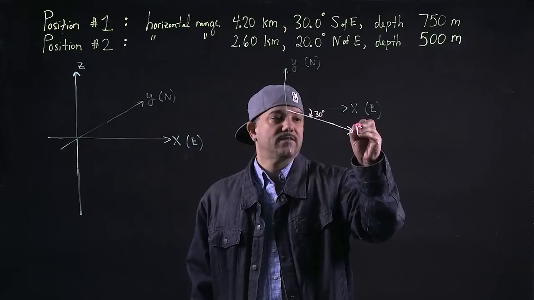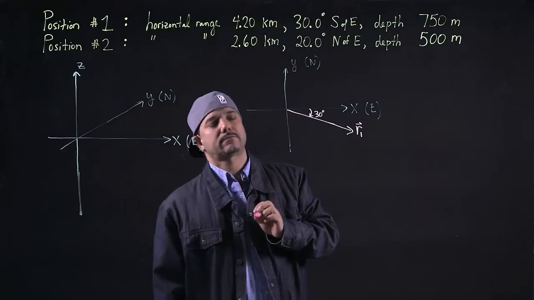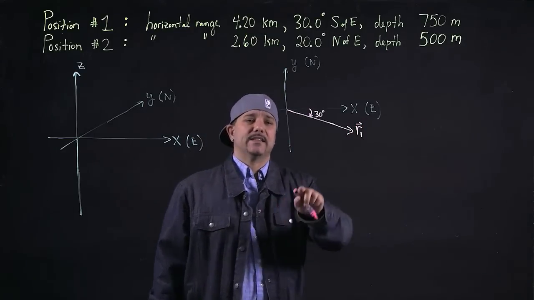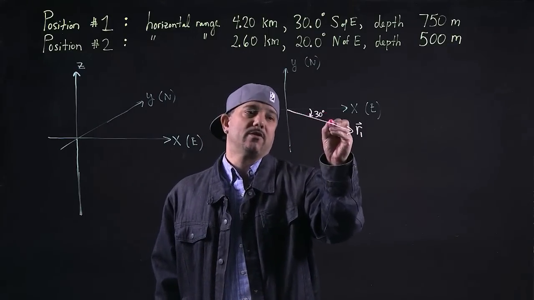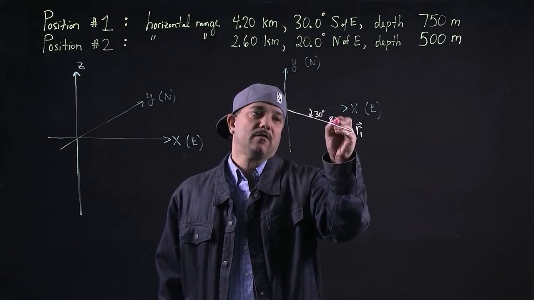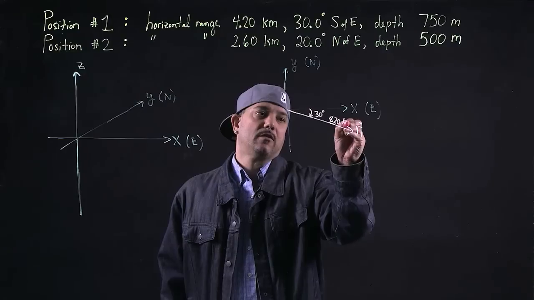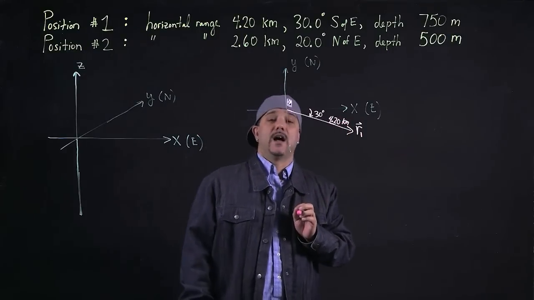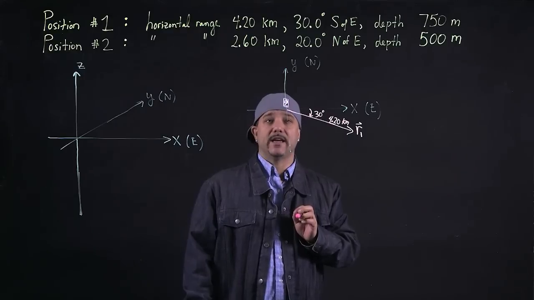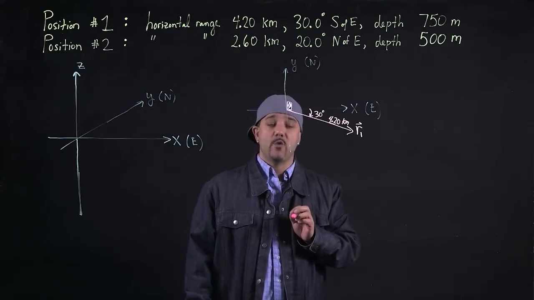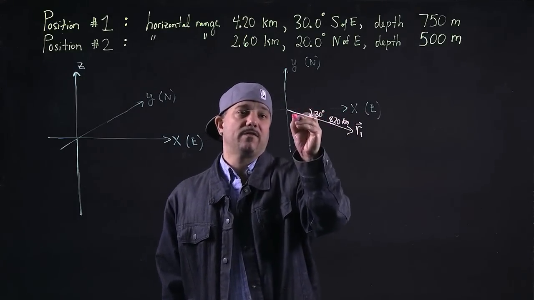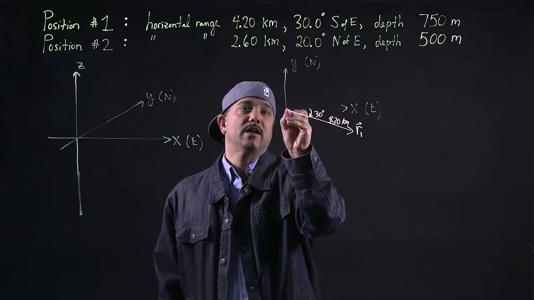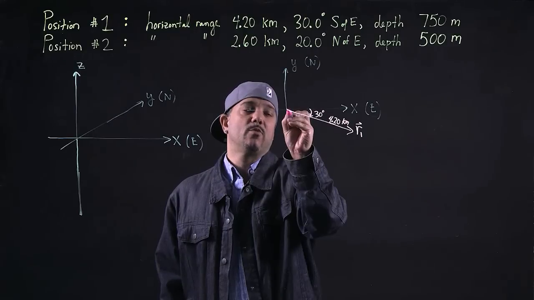So I'll write that as vector R1. And this distance, the horizontal distance, is 4.20 kilometers. A little bit later, the whale is 20 degrees north of east. So here's east. We're going to go 20 degrees north of it, at a distance of 2.6 kilometers.